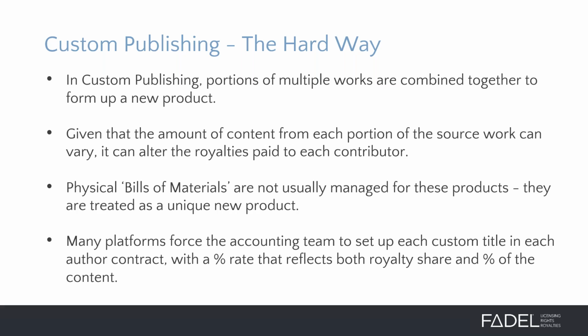You may also have a content platform that has very detailed information about it, but again, it's not really rolled out. What that means is that the accounting teams and the royalty teams at the back end of the process have to deal with these new products as they come their way, and figure out who should be getting credit, what should be the percent credit, and if terms of contracts change, they've got to sift through a lot of these types of products in order to keep that sorted out.